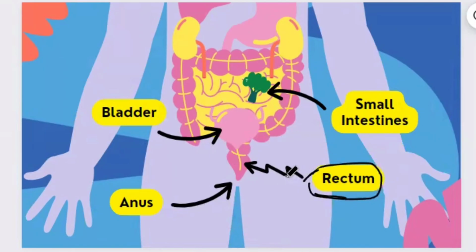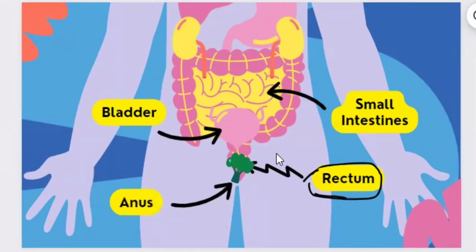After some while, when there is an initiation of removal of waste, the waste is eliminated through the anus, and through the anus it is eliminated outside the body. That process we call egestion. The removal of waste from the body is called egestion.